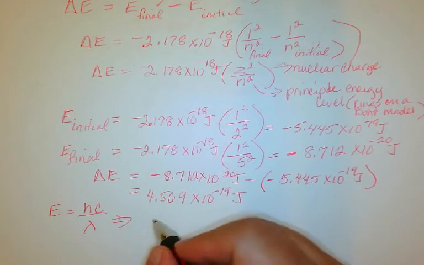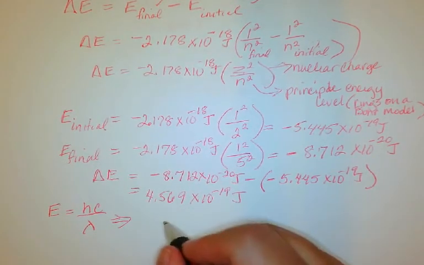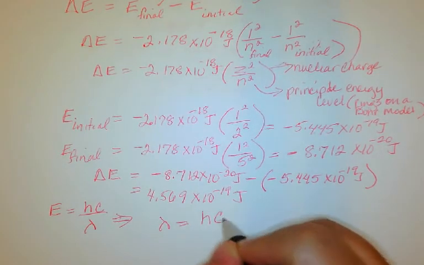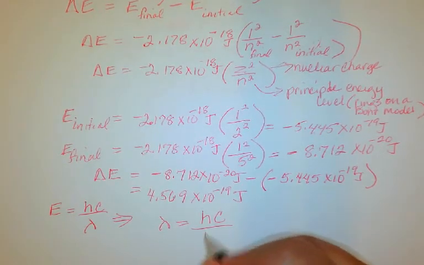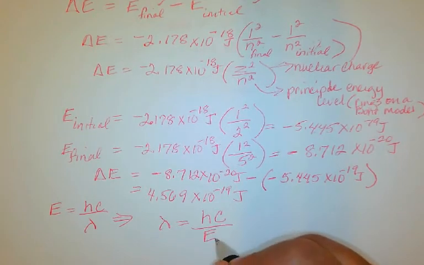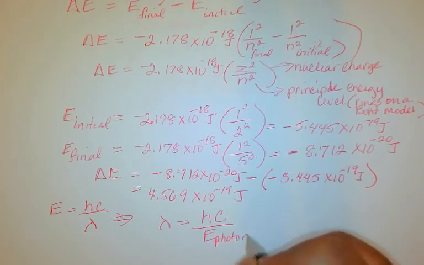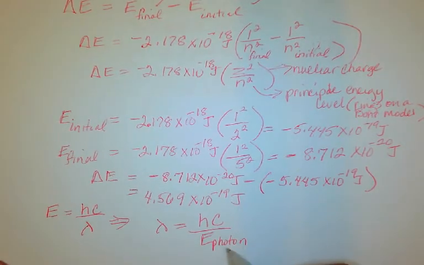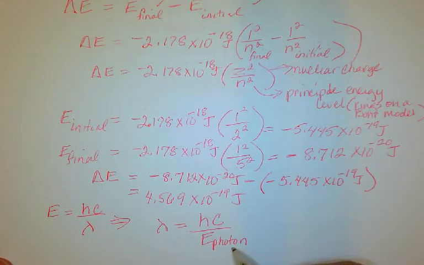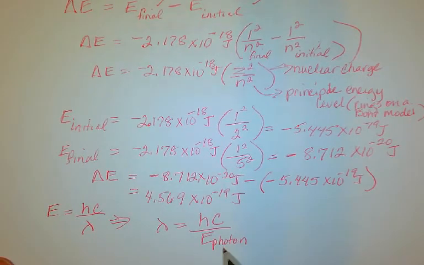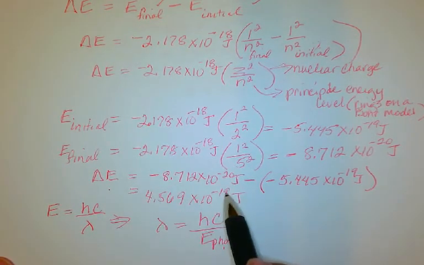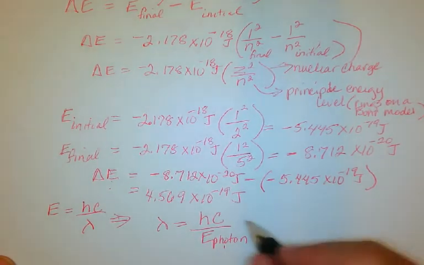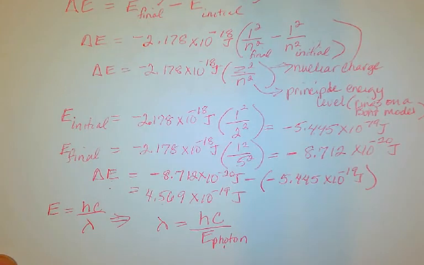And that basically means if I want to solve for wavelength, rearranged it's going to give me HC over E, and in this case it's the energy of the photon. What's the energy of the photon? The energy of the photon was this value that we just solved for, the energy of that wavelength of light.